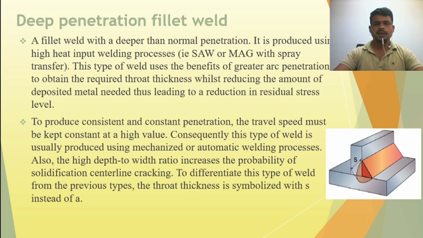Also, the high depth to width ratio increases the probability of solidification centreline cracking. To differentiate this type of weld from the previous types, the throat thickness is symbolized with s instead of a. Normally we define the throat thickness as a, but for this case we need to define it as s.